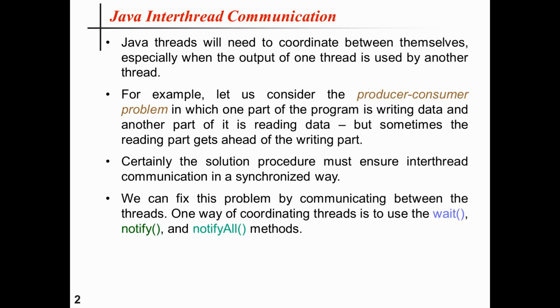But sometimes the reading part gets ahead of the writing part. So that means what? If any scenario like this happens, the reading part must wait for the writer part to finish. Otherwise, chaos may ensue.